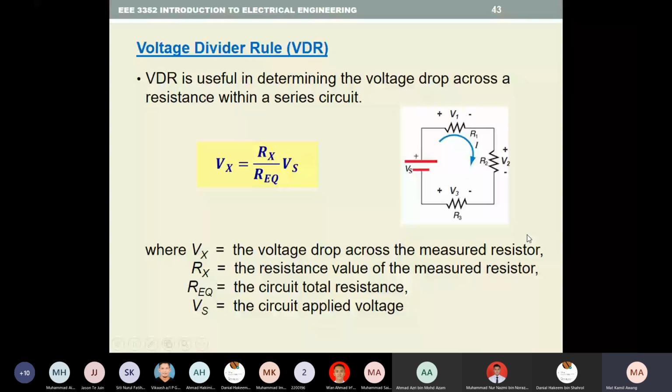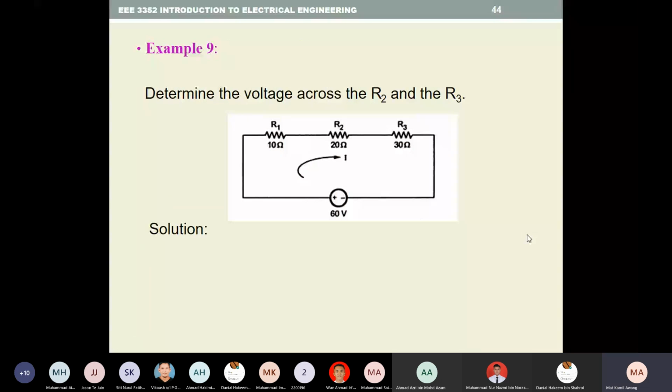Example, determine the voltage across R2 and R3 for these circuits. You have R1 basically 10 ohm, R2 is 20 ohm, R3 is 30 ohm, and a voltage of 60. So the formula is that if you want to find the voltage across R2, therefore V2 is equal to R2 divided by R equivalent times Vs. What is R equivalent for these circuits?